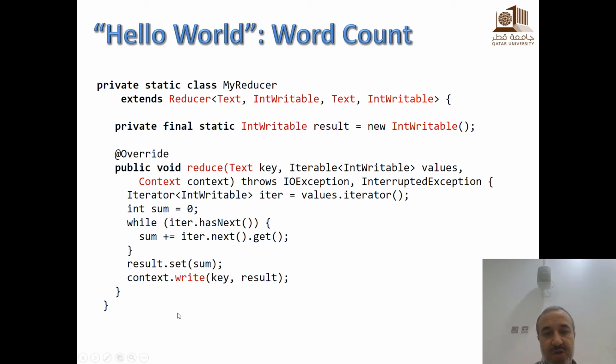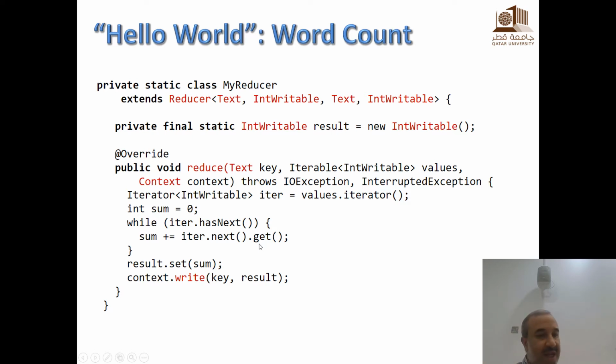write them out. So the function get, you will use it to get the actual value from the writable objects. Remember, every primitive data type has the corresponding writable object. Okay, so int has IntWritable. To get the actual integer value, you use the function get.